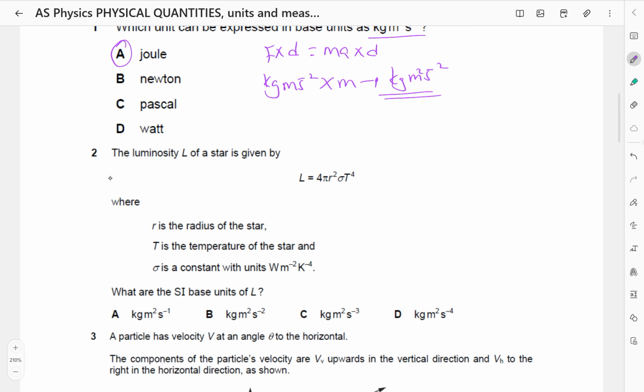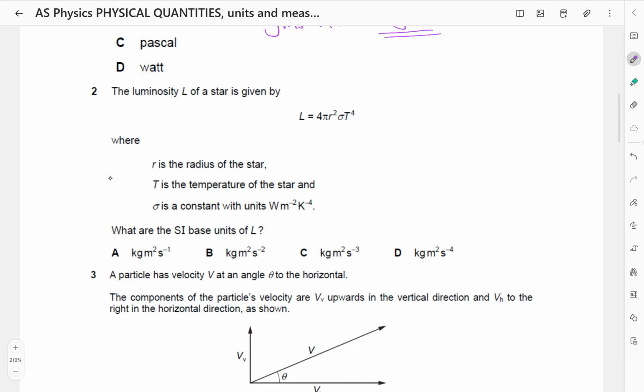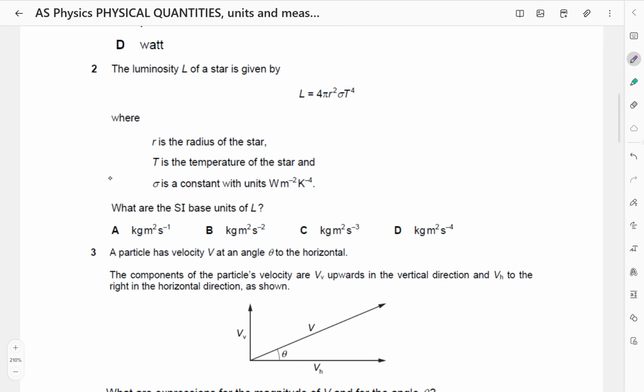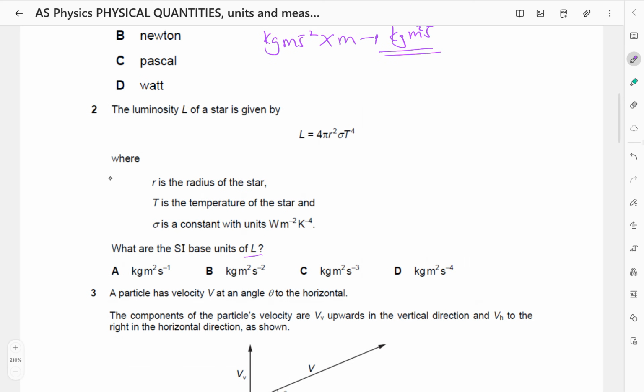The luminosity L of a star is given by that expression. Of course, you must have seen luminosity. Those who studied paper 4, you must have seen luminosity in astronomy and cosmology. What are the SI base units of L? L is the luminosity. From this expression, 4 pi will not affect the units. The sigma is a constant whose units are watts per meter squared per Kelvin to the power 4.